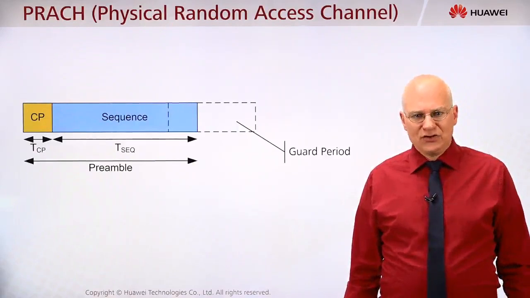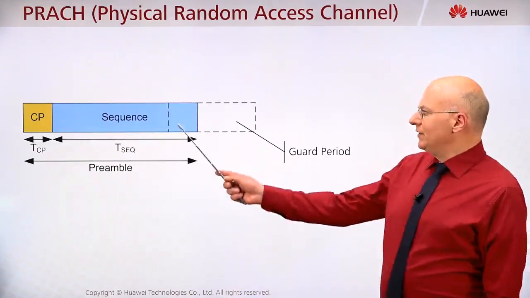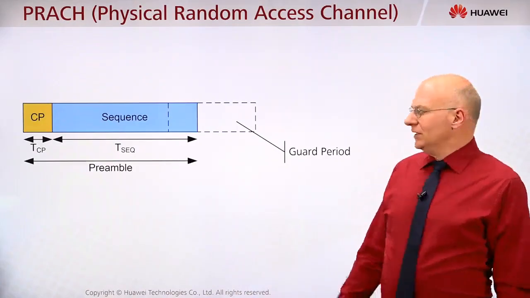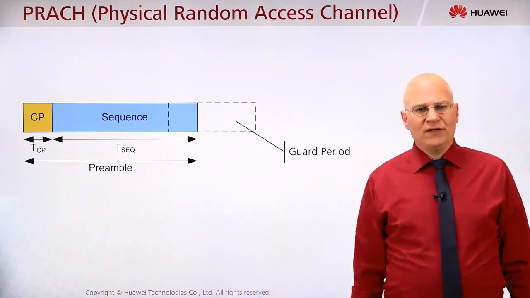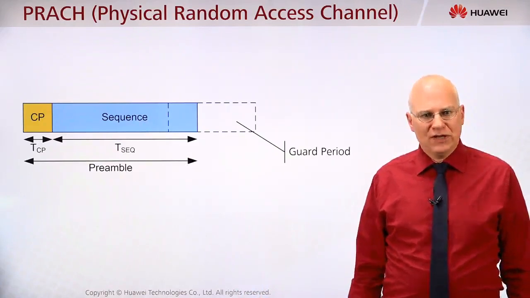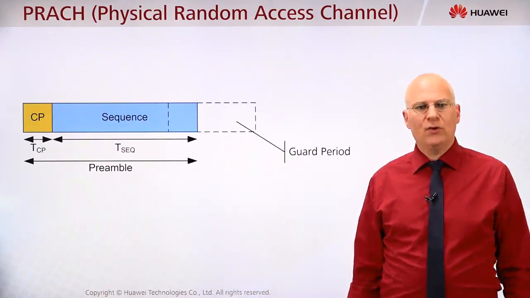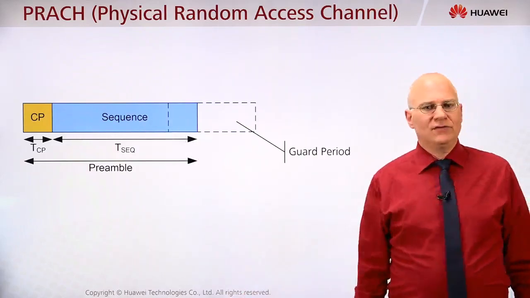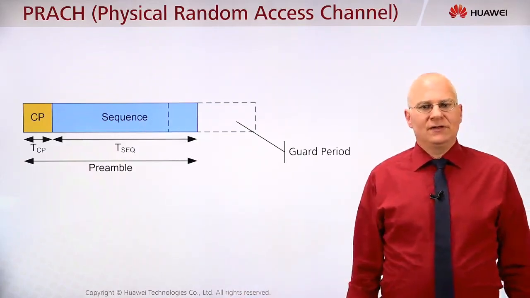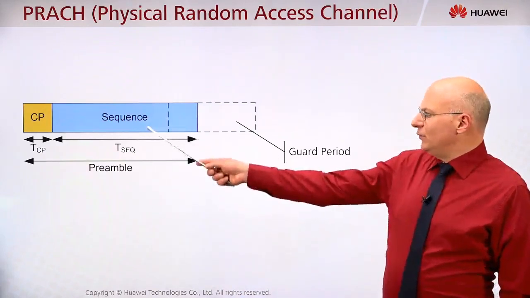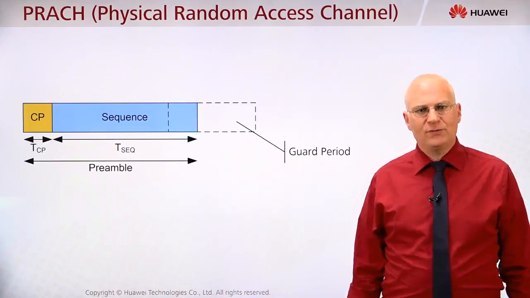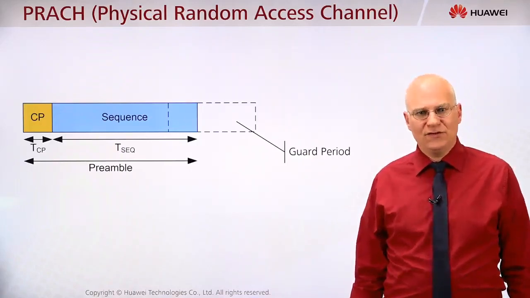Here we see the structure of the random access channel. It starts with a cyclic prefix, like for normal OFDMA transmission, followed by the symbols, and they represent a sequence which can distinguish different mobiles which try to get access to the cell.